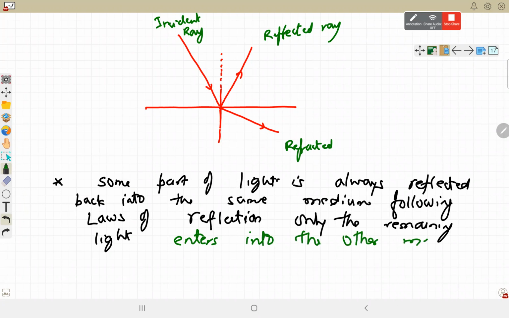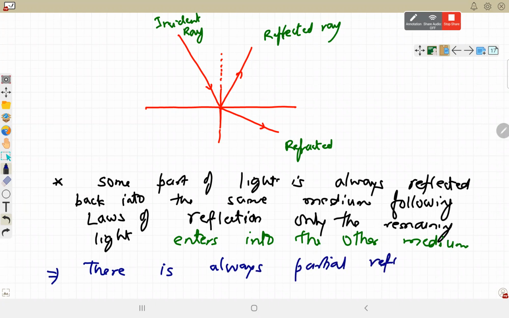So what is the conclusion? The intensity of the refracted light ray will always be less than the incident. So there is always partial reflection and partial refraction at any medium boundary.